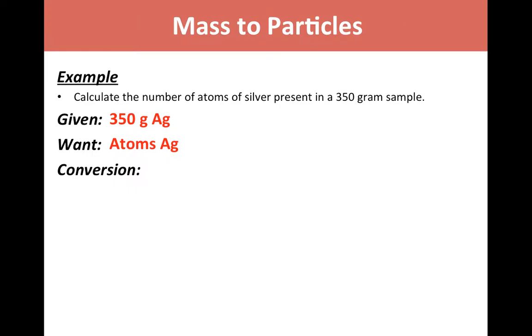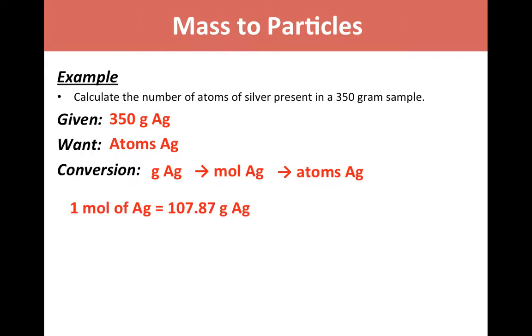So my conversion would be the mass of silver to the moles of silver, and then to the atoms of silver. We start with the mass of silver, and you're going to look for the atomic mass of silver, which is 107.87 grams of silver in every 1 mole.